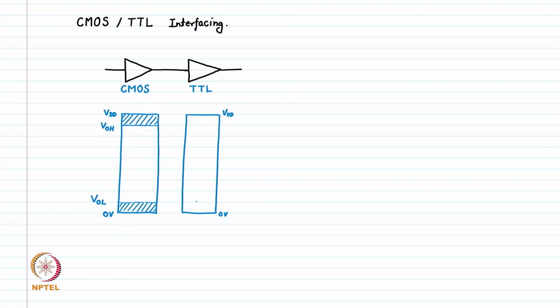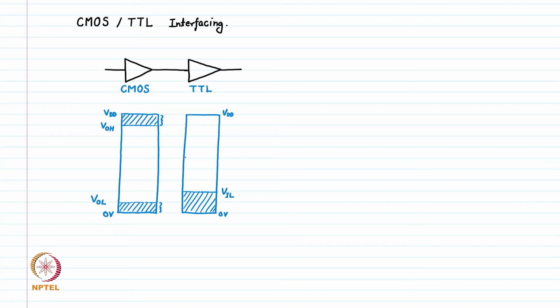The low voltage is typically, let us say here, this is the VIL level for a TTL, and VIH, because these are skewed, is not the same as VIL, or this percentage is not the same as this.